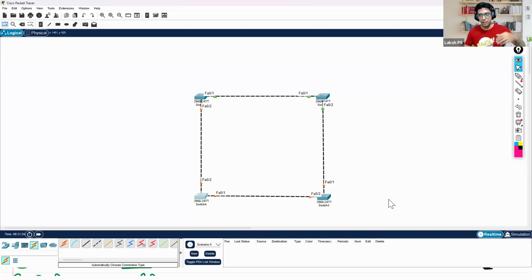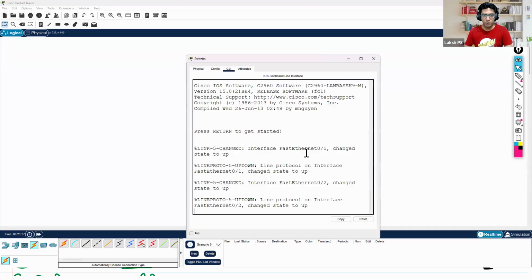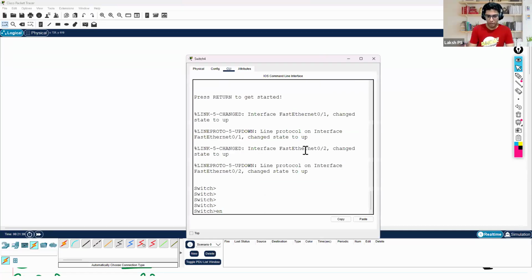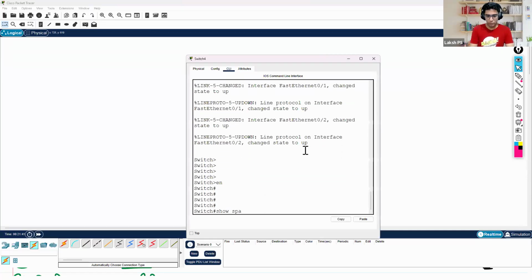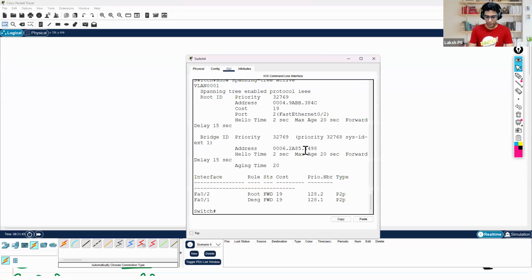And those interfaces, based on the spanning tree cost, the root switch location, etc., will decide which is going to be a root port, designated port, blocking port, etc. So currently on switch number 4 also, I hope we are able to see before it crosses. Okay, yeah, it has moved into the forwarding state.